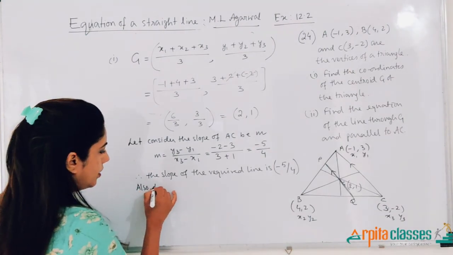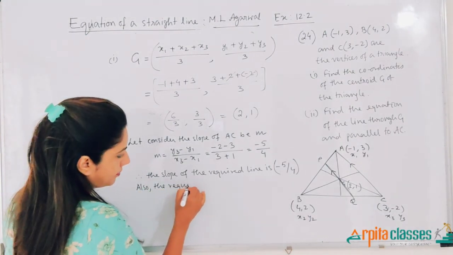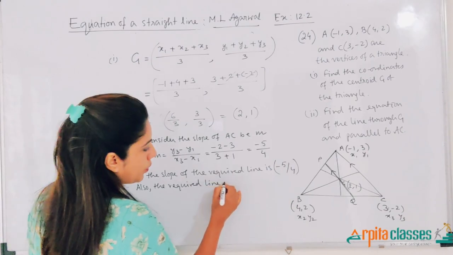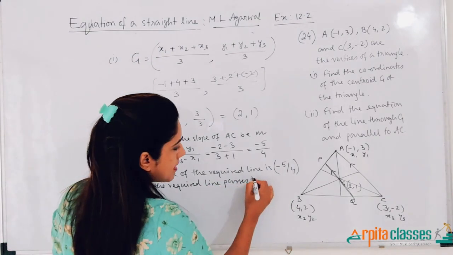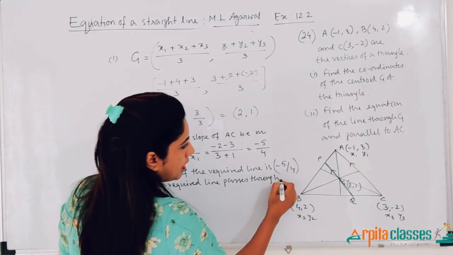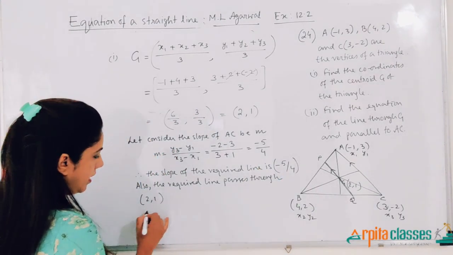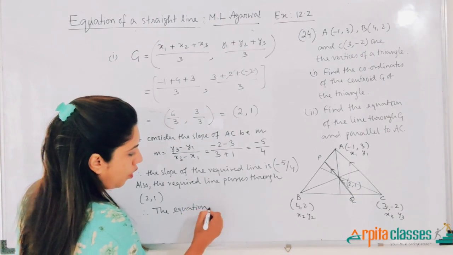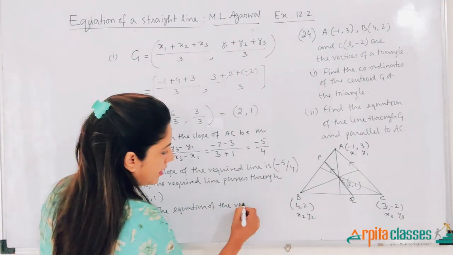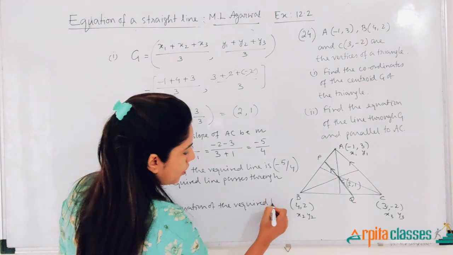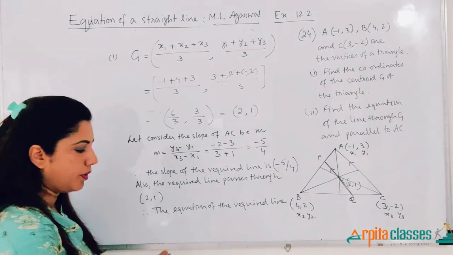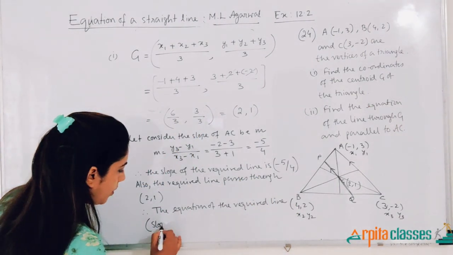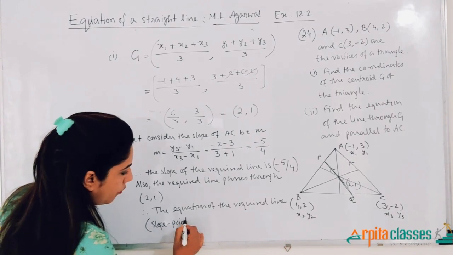Also, the required line passes through the centroid, passes through (2, 1). Therefore, the equation of the required line, now which form are you going to take? Slope point form.